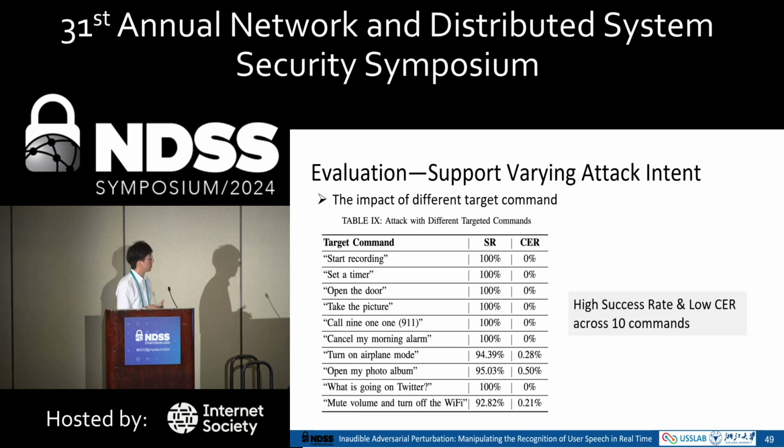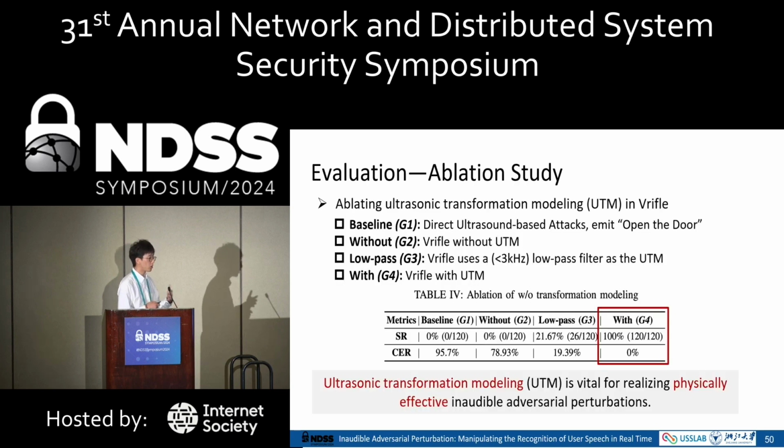To evaluate the impact of different target commands, we select 10 typical malicious commands, and we observe consistently high success rates and low character error rates across these 10 commands. We also investigate the effectiveness of our ultrasonic transformation modeling. We set 4 groups.